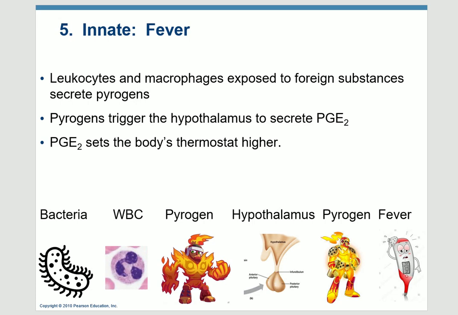And then our 5th innate defense is a fever. When leukocytes and macrophages are exposed to different foreign substances, they're going to secrete something called pyrogens. We're not going to talk about this very specifically, except that pyrogens are going to trigger the hypothalamus to secrete PGE2, and PGE2 sets the body's thermostat.